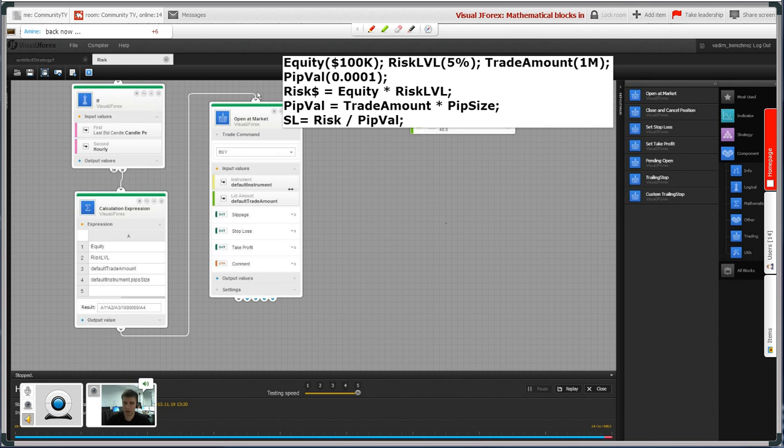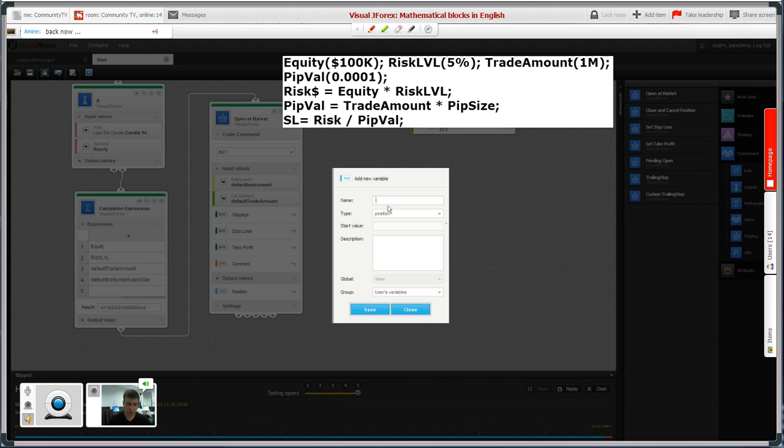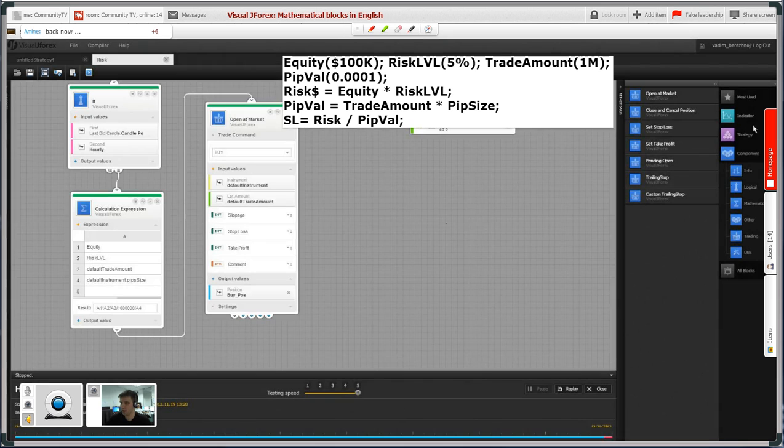We opened position. Let's assign it to some variable, buy position. Got it. Then we use calculation block.